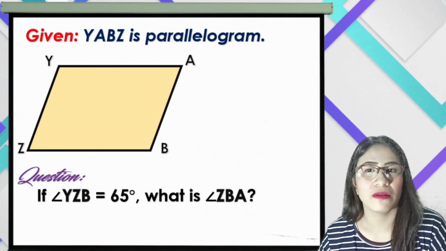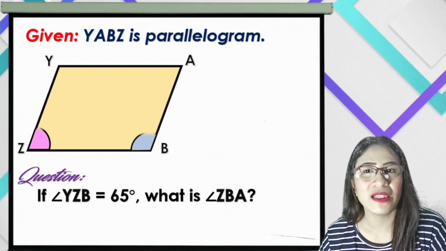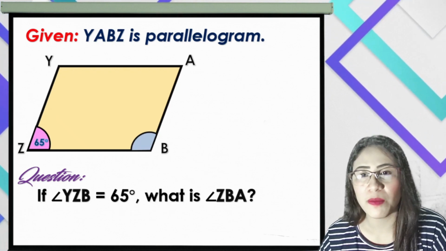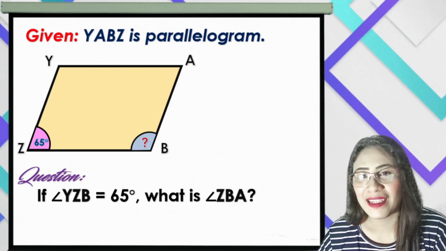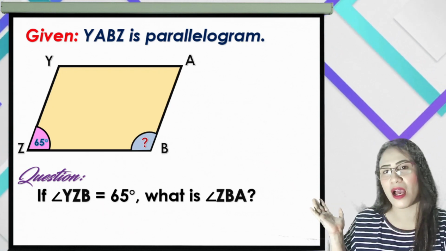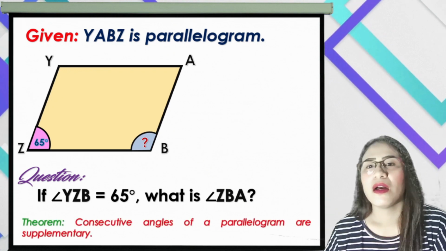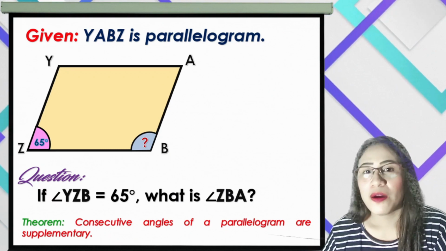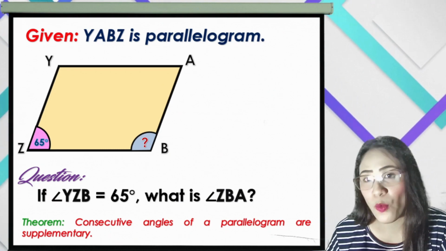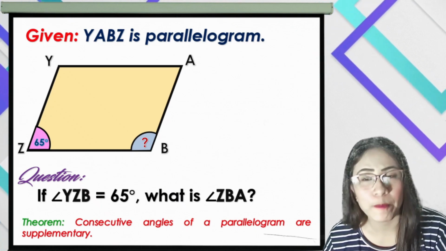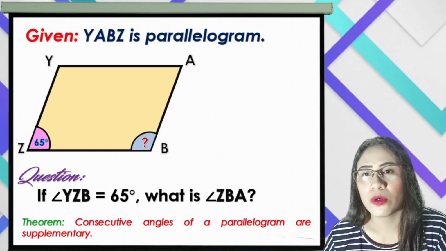Next question. If angle YZB is 65 degrees, what is the measurement of angle ZBA? In this given, they are consecutive angles. Therefore, the sum is 180 degrees because they are supplementary.